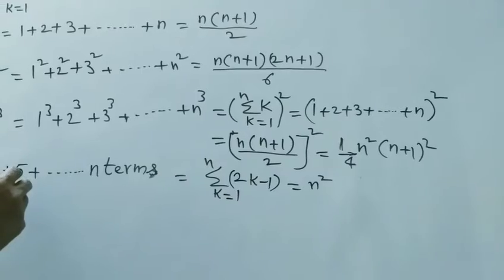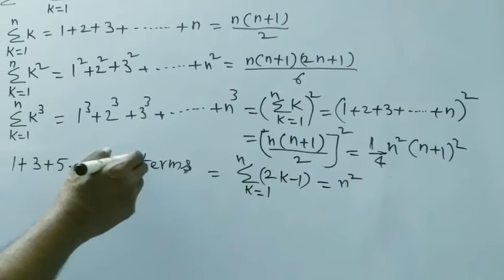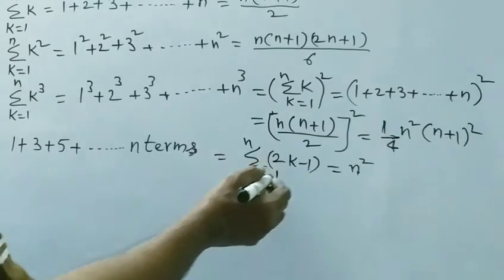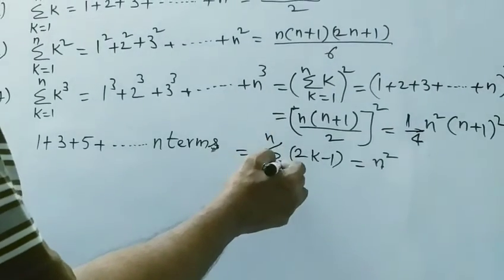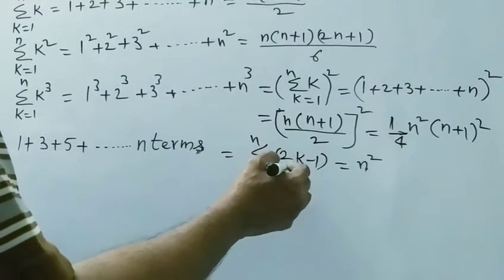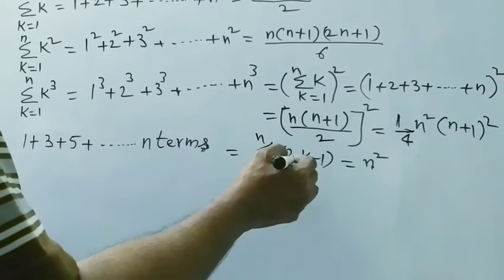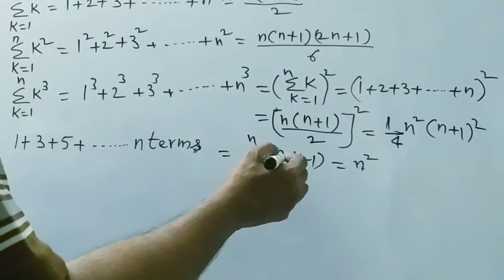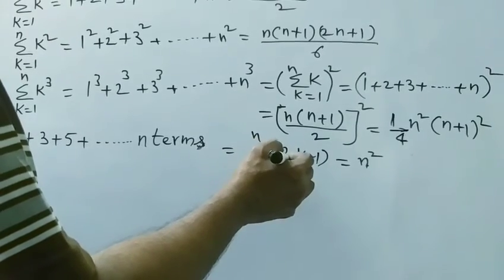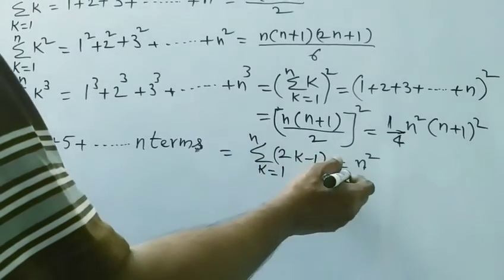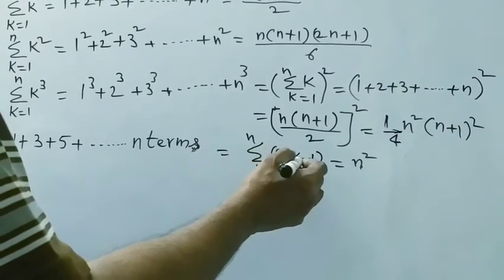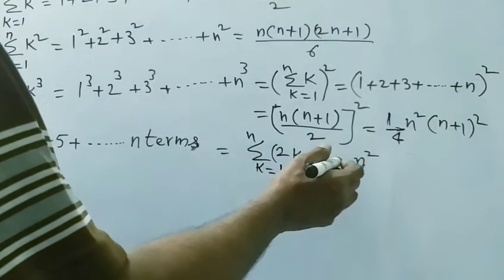Wherever you substitute k is equal to 1, 2, 3, 4, 5, 6 and so on up to n, that is equal to n square.